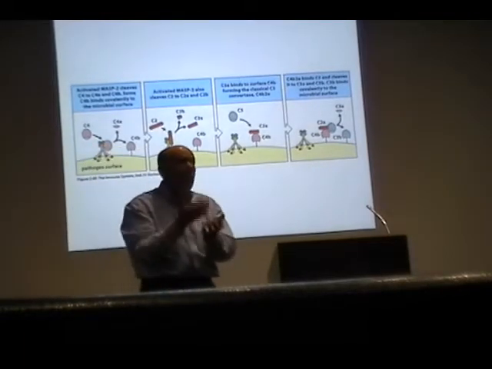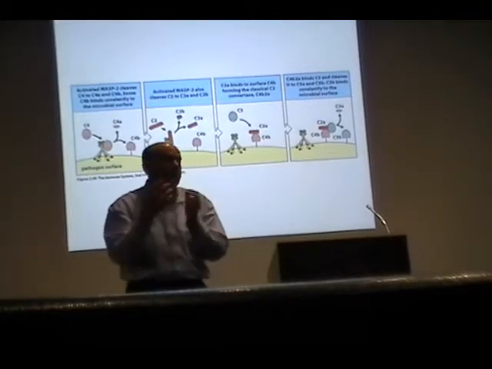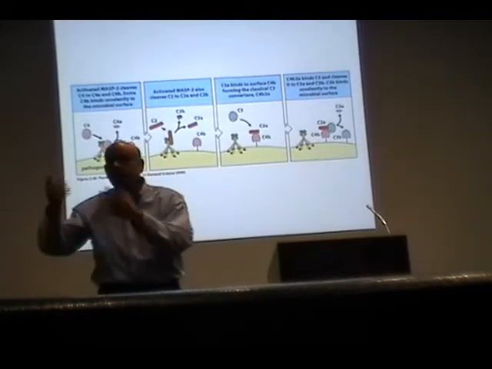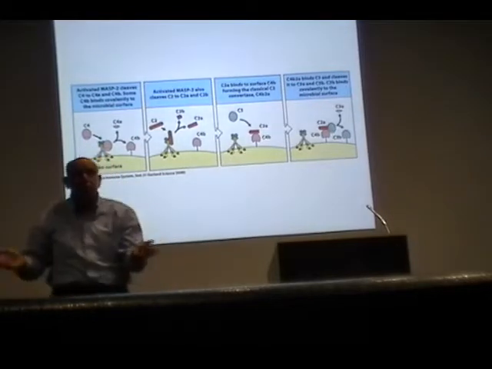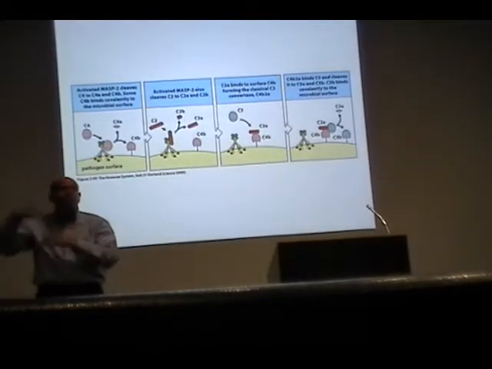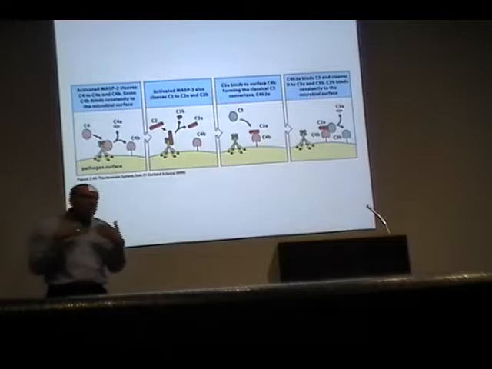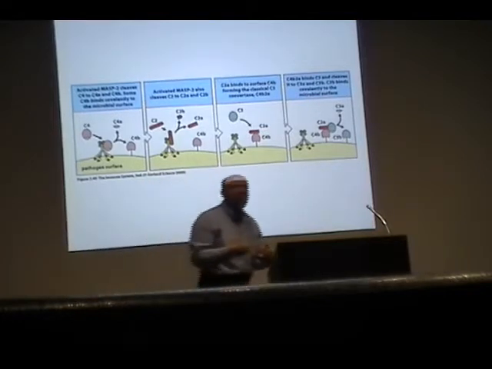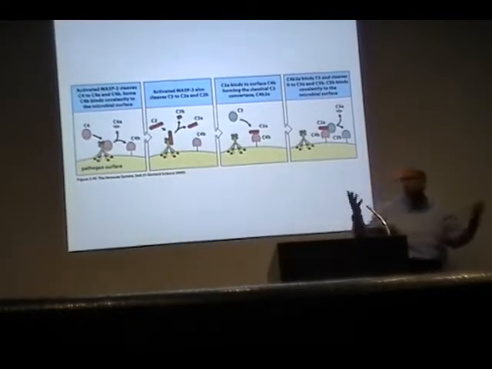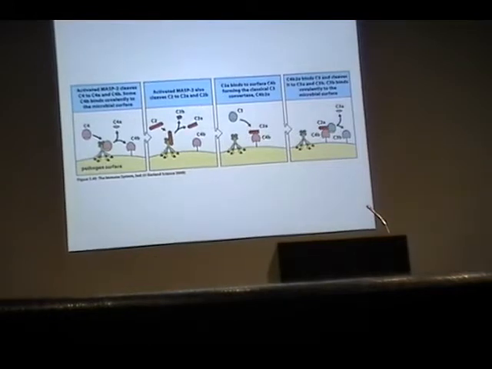C3bBb is formed. That's going to convert more C3 to C3b, bind the cell, coat the cell with C3b, and create a lot of C3bBb. So we've now got two convertases on the surface of the cell. It doesn't quite answer your question, but C3bBb is still playing a role in all this. It hasn't gone away.